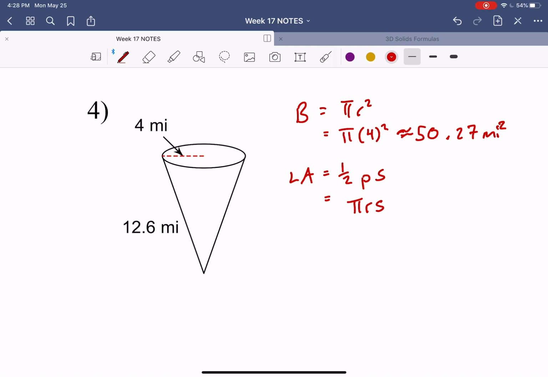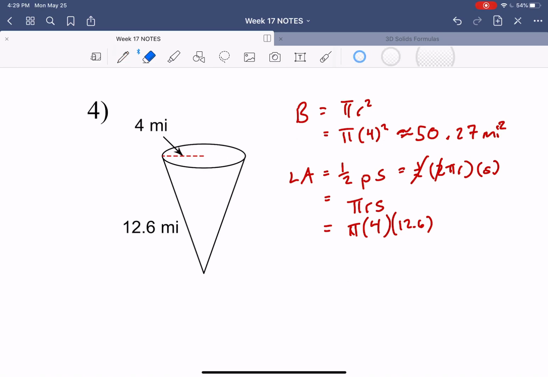Because the circumference of the circle is 2 pi r, and the 1/2 then gets canceled out, right? 1/2, 2 pi r s, and then these cancel out. Anyways, so we get pi, the radius is 4, and the slant height is 12.6. If they gave you the diameter, make sure you divide by 2. But here they gave us the radius, so we're ready to roll.